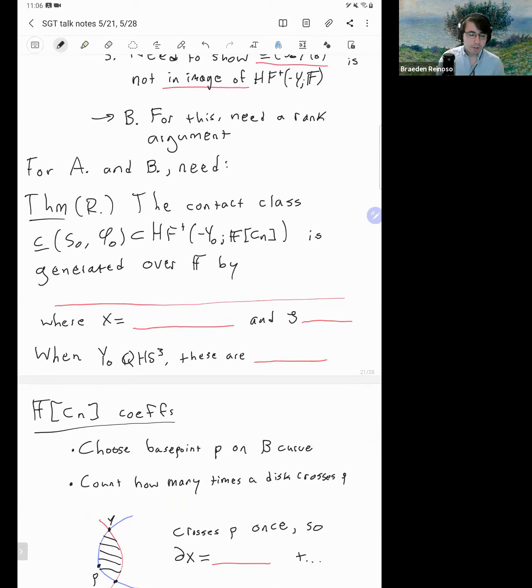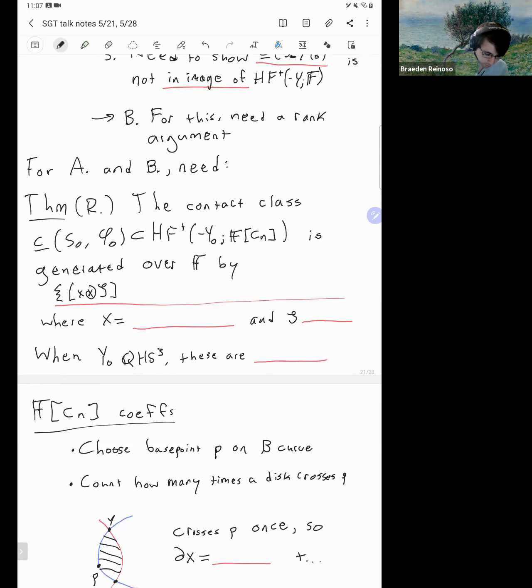It's that if you look at this contact class of your capped off open book and some twisted coefficient system, we need to be careful because it's no longer an element anymore, as I'll explain in a little bit. It's now some subspace of some vector space, and it's generated over F by, in some sense, the elements that you would expect.